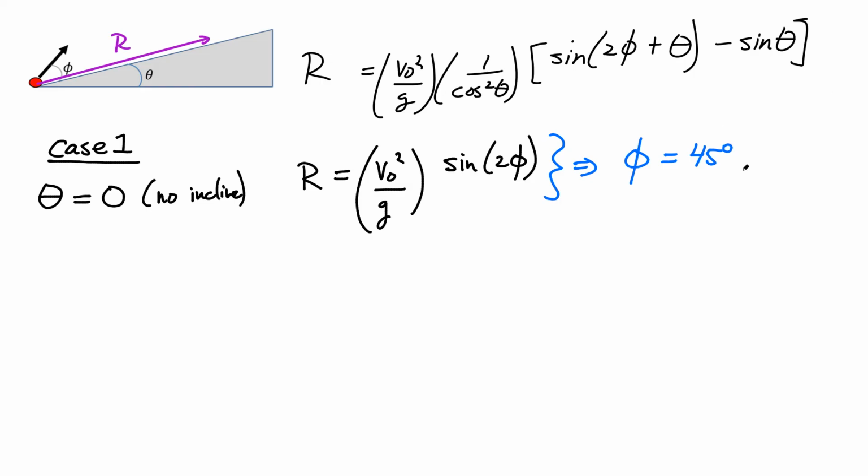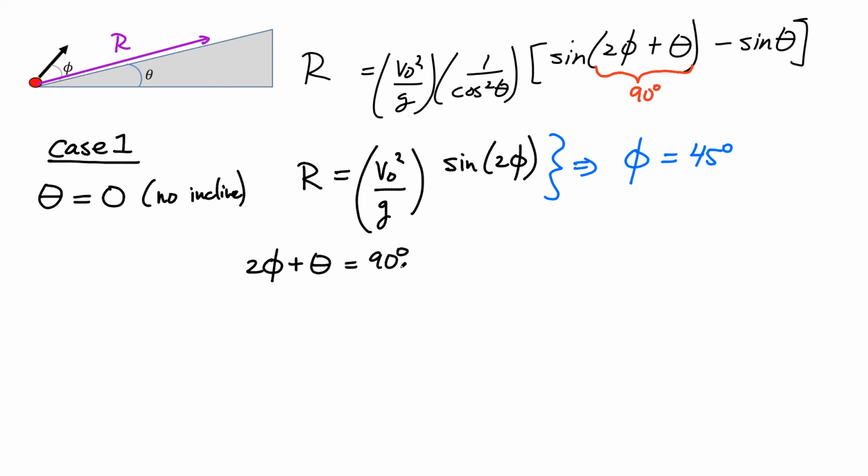All right, what about the more general case now? In the general case, the argument is the same: the term in here, you really want this to be equal to 90 degrees, because sine of 90 degrees equals 1. That's the biggest you can get. So for the general case, what we're looking for is that we want 2 times the angle phi plus theta to be equal to 90 degrees.